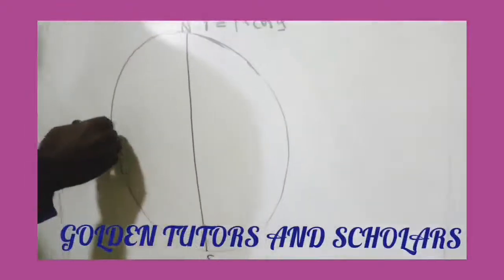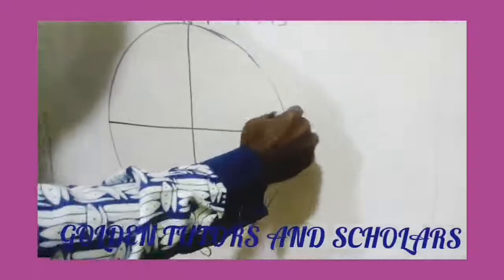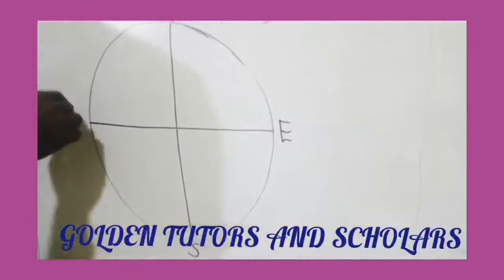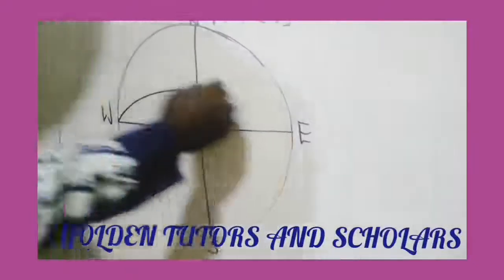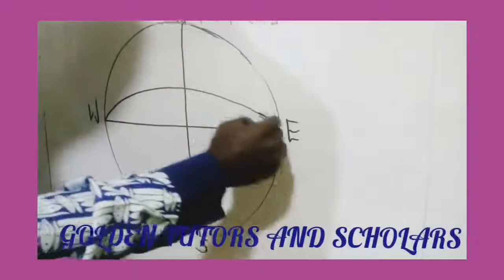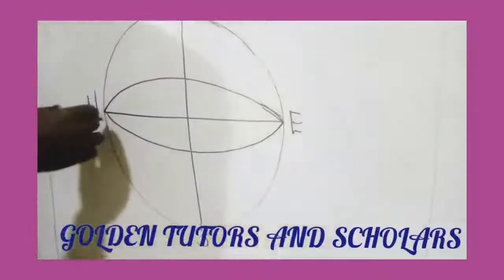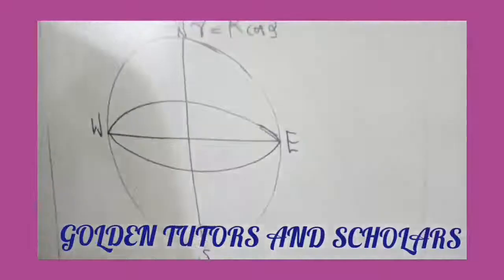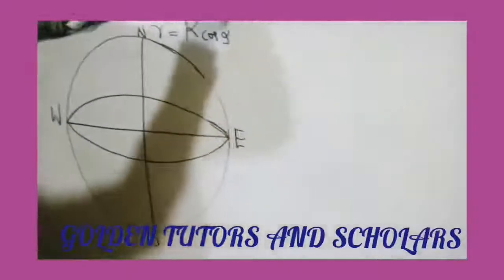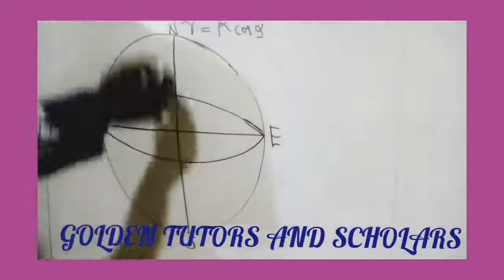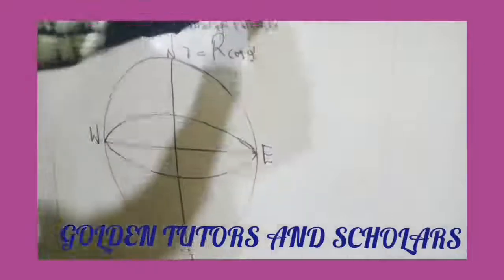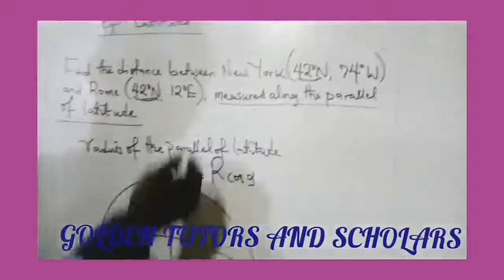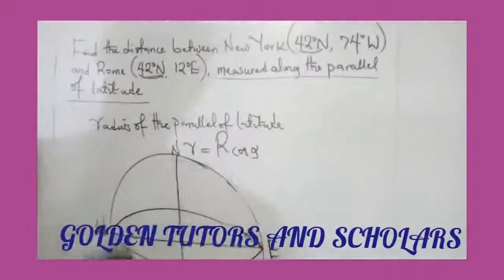Then we must look at the line of the equator, which goes from the east to the west, and your great circle, which we can see here. Using the coordinates given to us for New York and Rome, we can locate these two cities on the surface of the earth, just like what I have here.